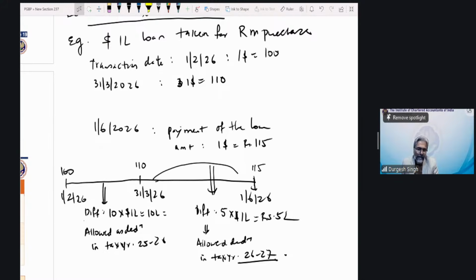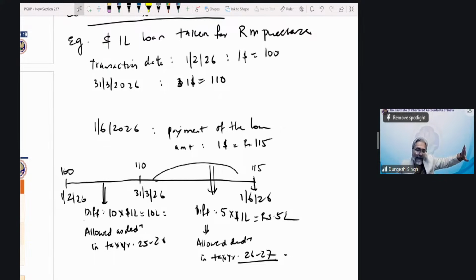Fine, students. If the same question were of section 42, where the loan was taken for purchase of a foreign asset, what would have been your answer?